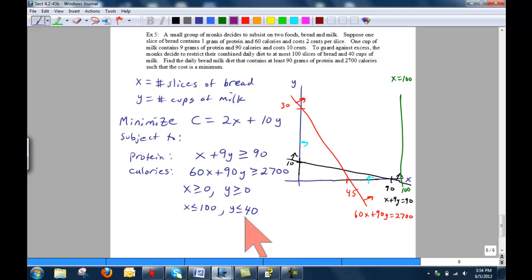And if I look at y equals 40, that's actually a horizontal line like this. And regarding direction there, well, x less than or equal to 100 is this direction to the left of. Those are x's that are smaller than 100. And for y, y less than or equal to 40 is down below this horizontal line.